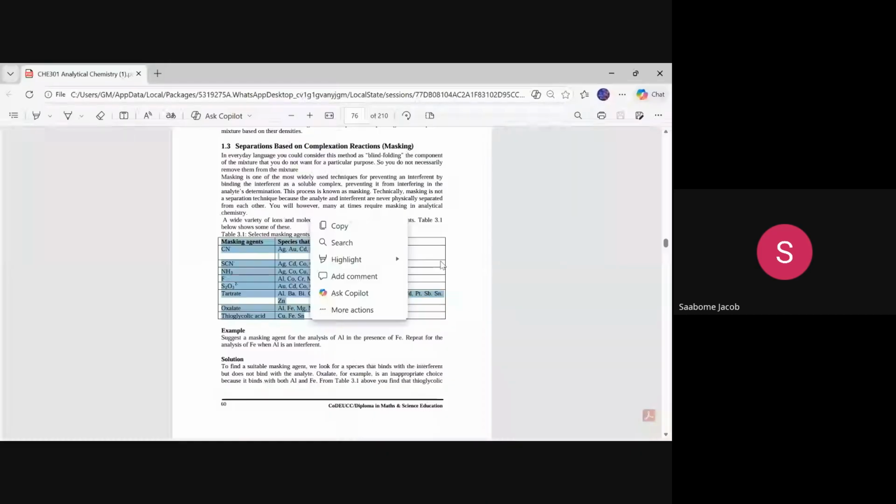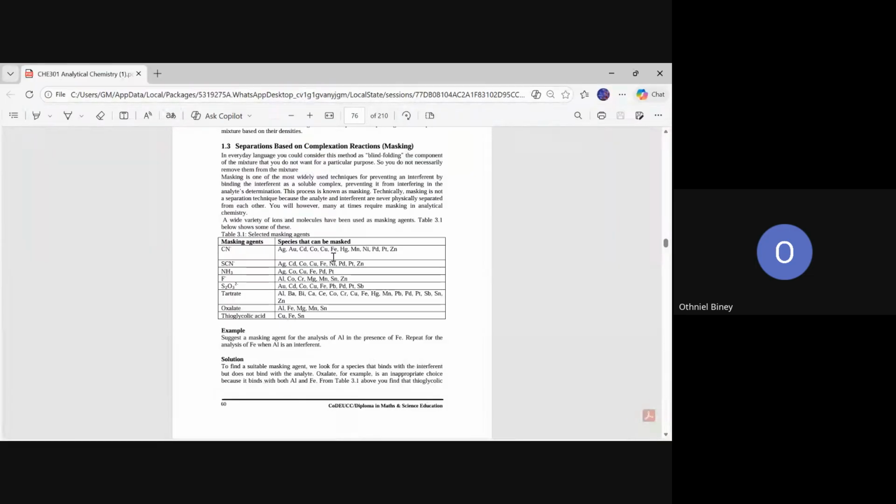Okay. What I'm saying is the masking agent would mask particular species. We've established that fact, right? Now we are using zinc and iron as an example. Let's say there is a mixture of zinc and iron, and we want to separate the zinc from the iron.